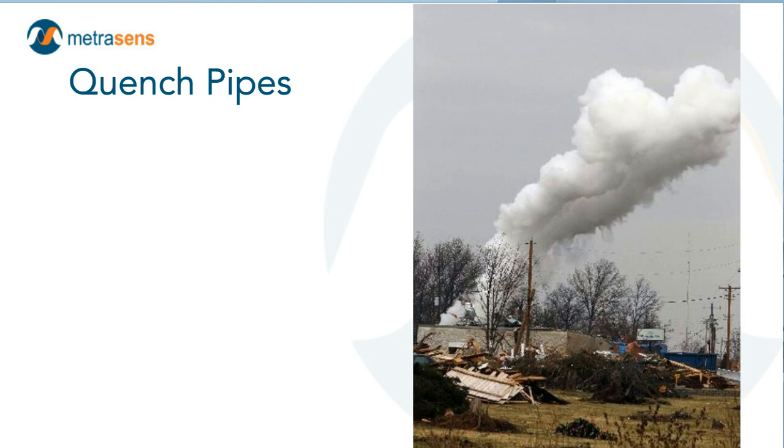This picture, which you can't really see, is an MRI in an outpatient imaging center that lost power due to a storm, and the building was storm damaged, and the MRI inside quenched. And that big white plume, that cloud that you see coming up, is cryogen, liquid helium escaping. You actually don't see the helium gas.